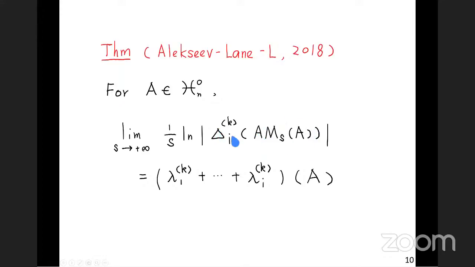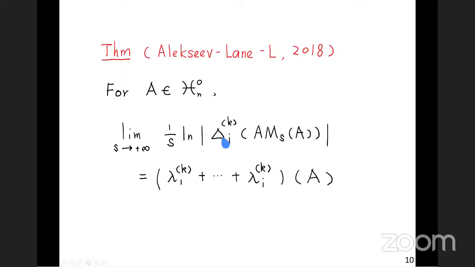Then we take its ik minor, take the absolute value, take the logarithm, divide by S, and let S go to infinity. It turns out this will be just a sum of some eigenvalues of A.